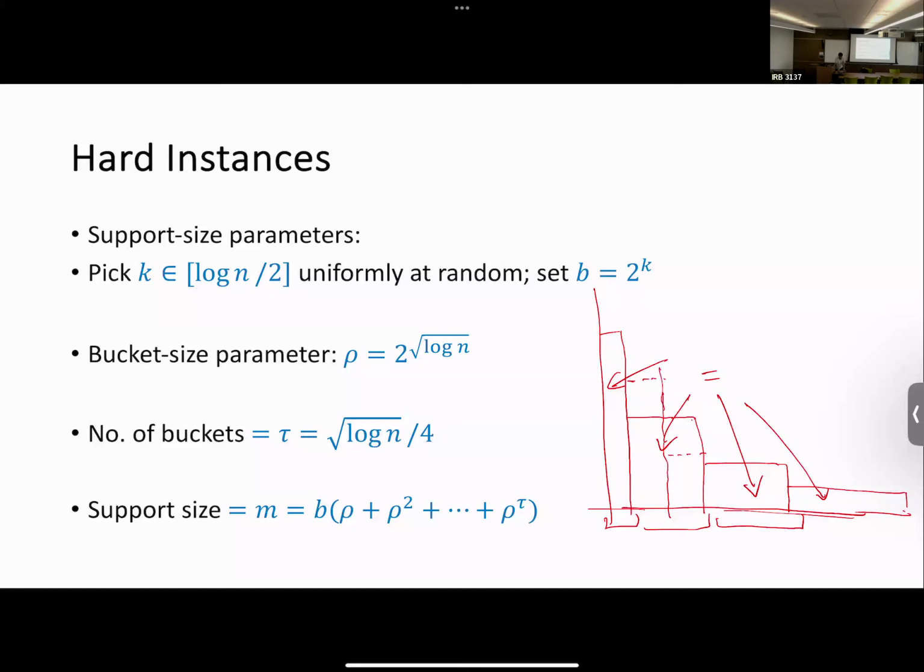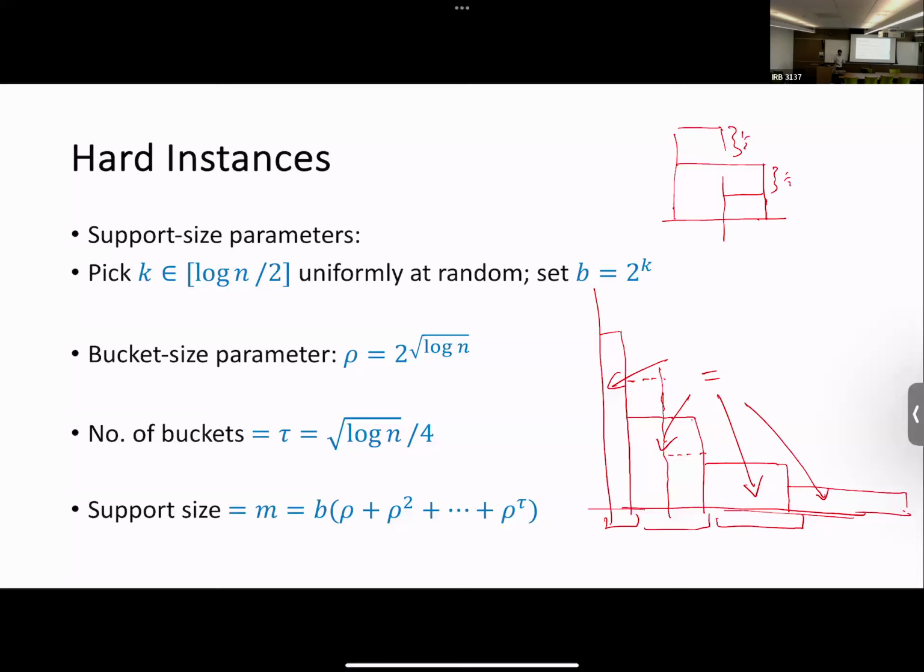So if you focus on one particular bucket, in the yes instance, all the elements have uniform probability in that bucket. In the other distribution, in one half the probability is half less than this, and in the other half it is half more than this. And this is how we get the yes and no instances.